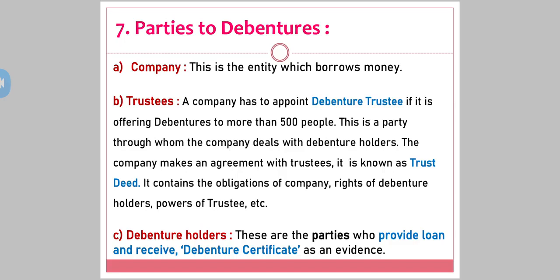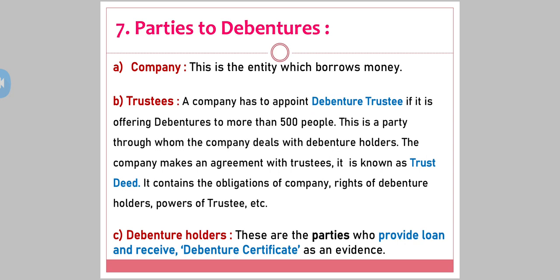Rights of debenture holders: if the company is not in a position to pay the interest, the debenture holders have the right to claim for the same. And the powers of trustee: if the company goes wrong, the trustee has the authority to take whatever decision is mentioned in the trust deed.